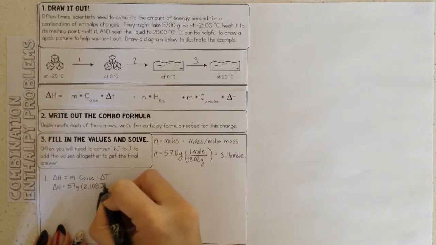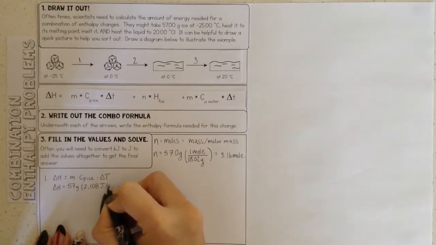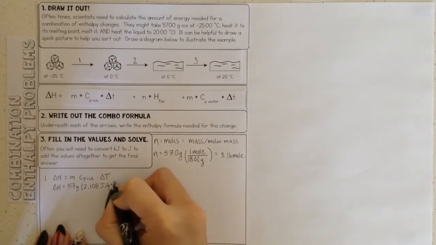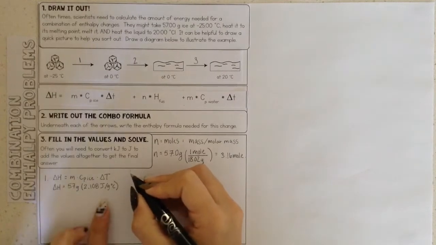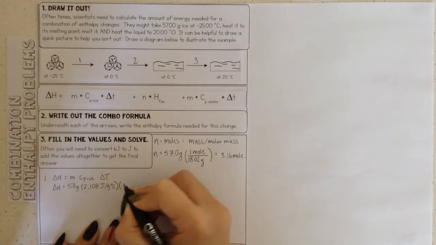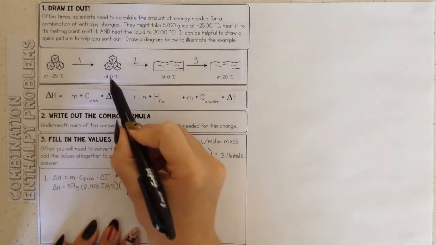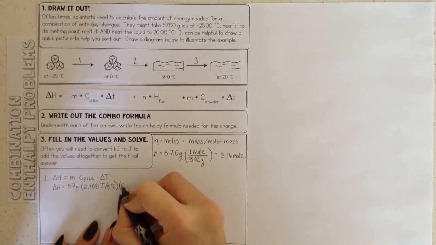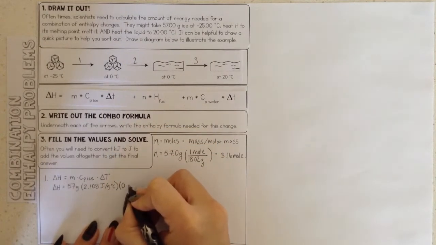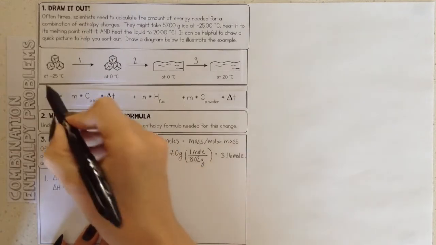Heat capacity of water is in joules per gram degree C. Delta T means temperature final, so where we end up at this segment, 0 degrees C, final minus initial.